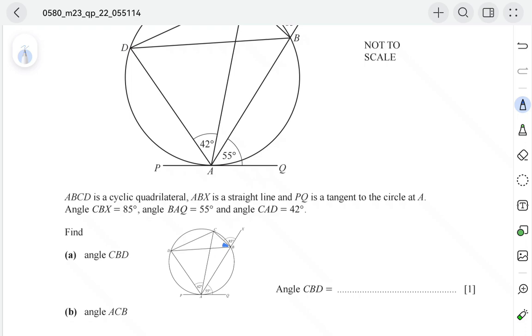For this angle, it's actually part of the same segment as this angle. So you know that angle CBD is equal to angle CAD, which is equal to 42 degrees.